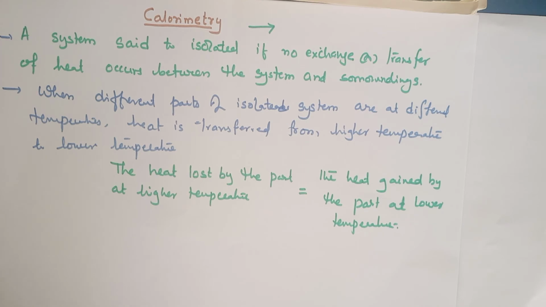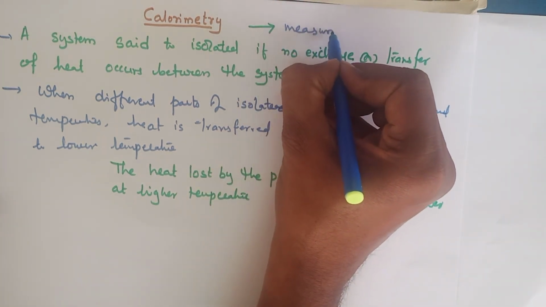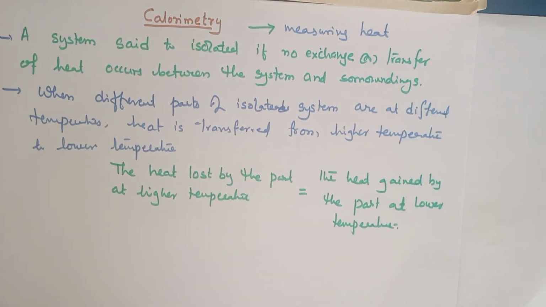What is meant by calorimetry? Calorimetry is nothing but measuring heat. By calculating the heat gain or heat lost, we calculate heat, measuring heat.